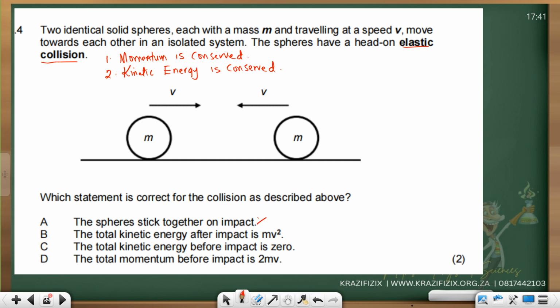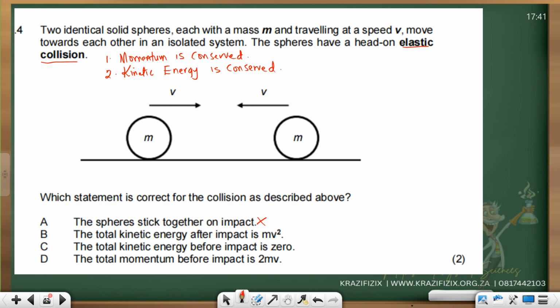Number one is wrong. If the objects stick together, it is automatically inelastic. It's in our note. The total kinetic energy after impact is mv squared. I don't think that is correct, so let's prove that now.